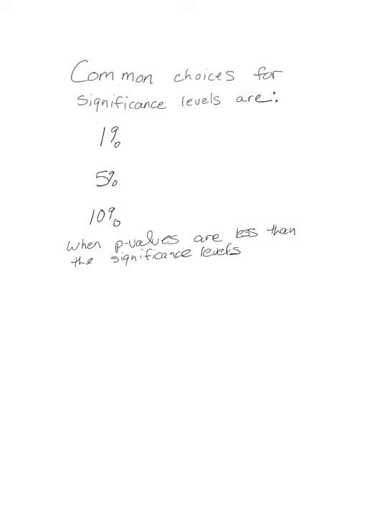So common choices for significance levels are 1%, 5%, and 10%. This is the point at which the researcher is going to think that the evidence is convincing. When p-values are less than the significance level, the evidence is convincing.